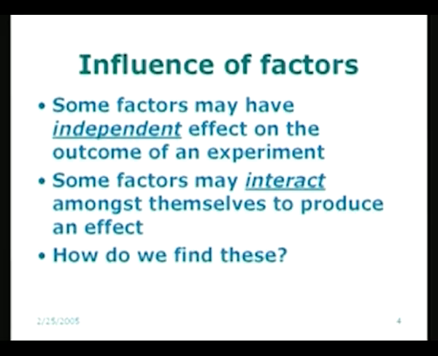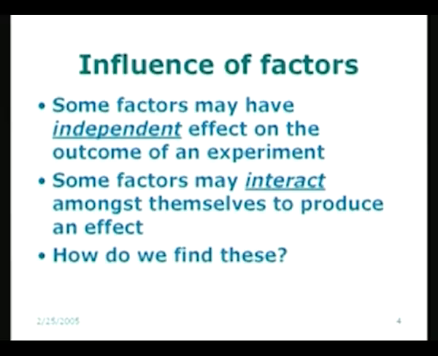The independent effect should be manifested only because of the variation in the level of the factor which I am varying. However, sometimes more than one factor will interact with each other, and there may be different types of interactions, and we will look at this later.